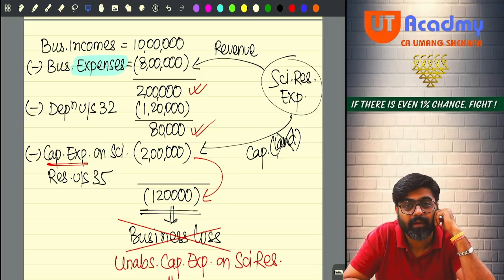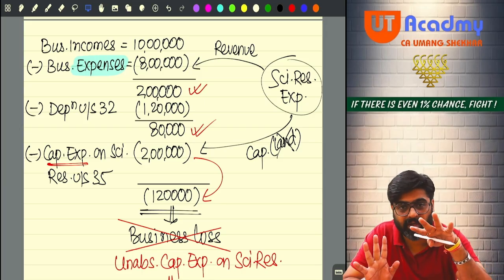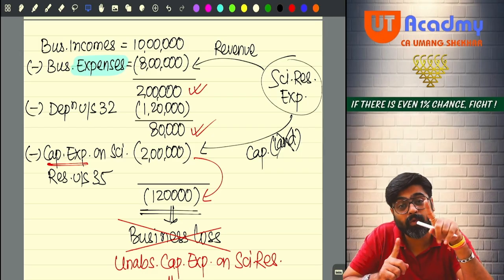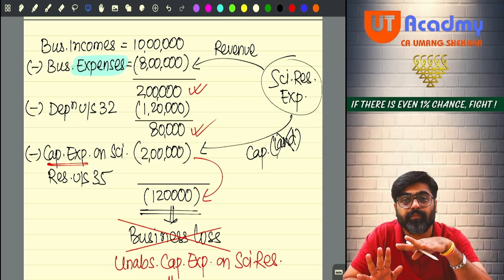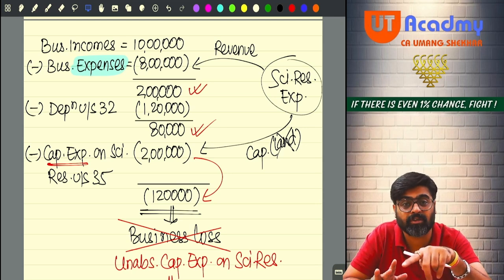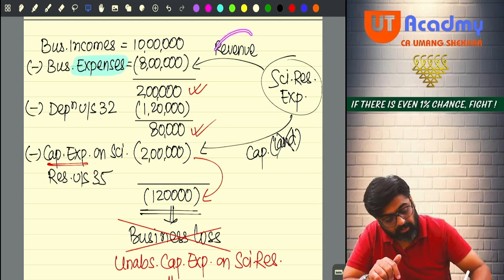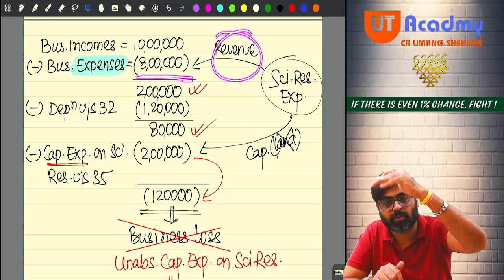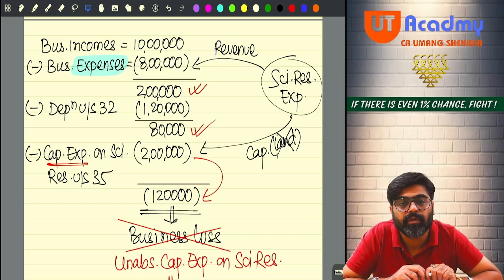Getting my point? And whatever capital expenditure you are claiming here, you will claim it only after the claim of depreciation. Only capital expenditure you will claim after the claim of depreciation. What about the revenue expenditure? Revenue expenditure will be allowed as a part of your normal business expense only. Sure.